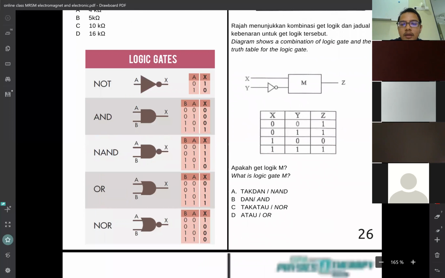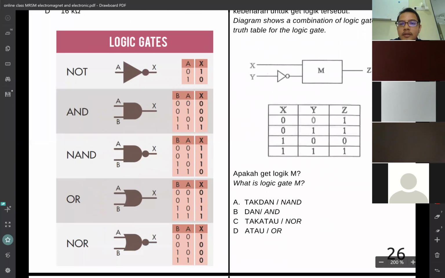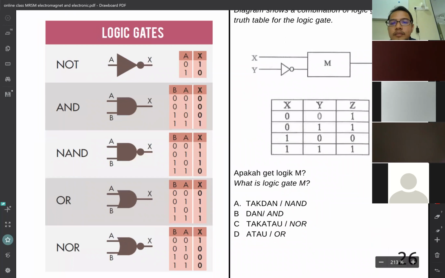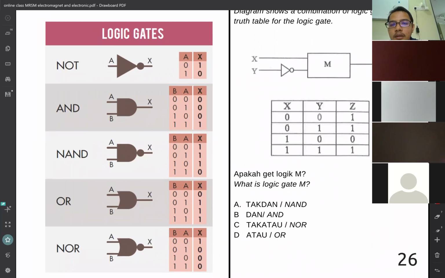Okay, so example of this. Given here the input and output. So state that if x is 0, y is 0, so this becomes 1, and 0, 1, the z is 1.